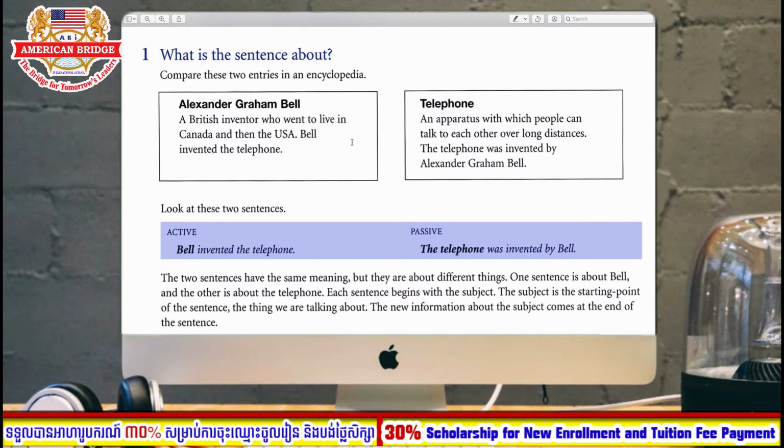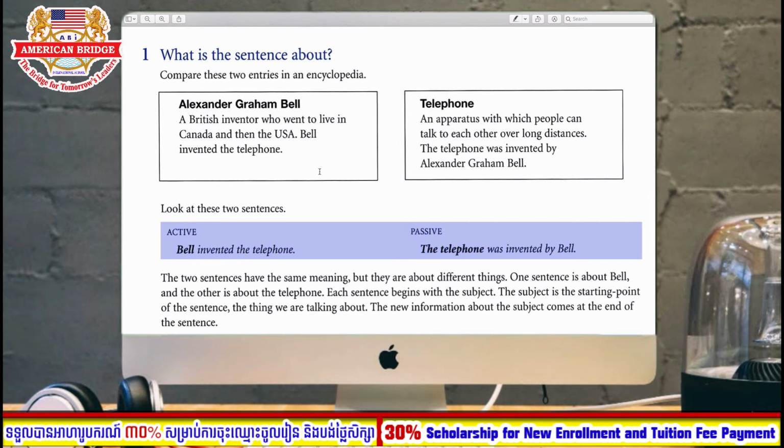So if you look at the entry here that is extracted from an encyclopedia, you will definitely understand the differences. Here we have the person, Alexander Graham Bell, and the other one is the object, which is the telephone. If you look here, "a British inventor who went to live in Canada and then the USA, Bell invented the telephone."